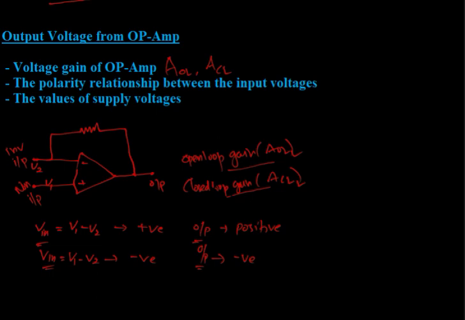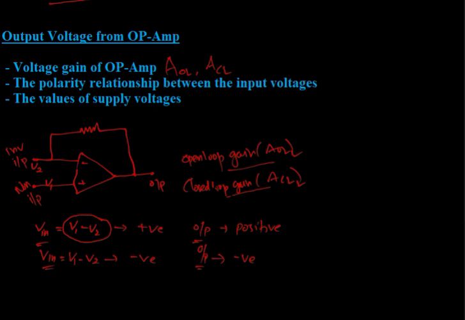Now the polarity of the output voltage is determined by the polarity relation between the input voltages. If the difference in the input voltages, that is V1 minus V2, the difference between the voltage at the non-inverting terminal and the inverting terminal, is positive, then the output voltage will also be positive.